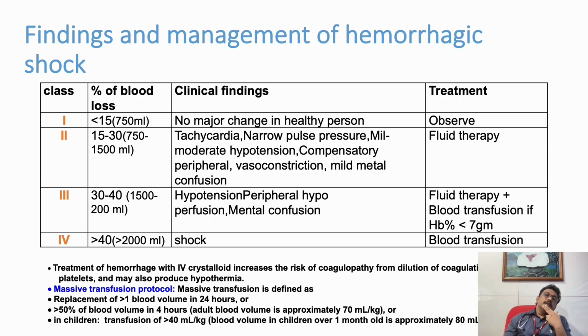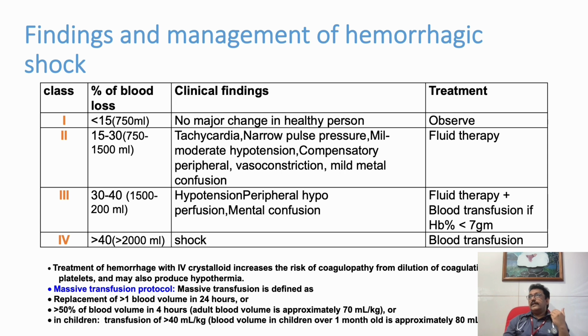And one of the major treatments for hemorrhagic shock, initially like any shock, we try to give crystalloids, that is normal saline or ringer lactate. But after that, if the patient does not improve or if he is deteriorating, we have to give blood transfusion, packed cell transfusion. When some patients require massive transfusion, that sometimes creates problems because there will be dilutional coagulopathy.